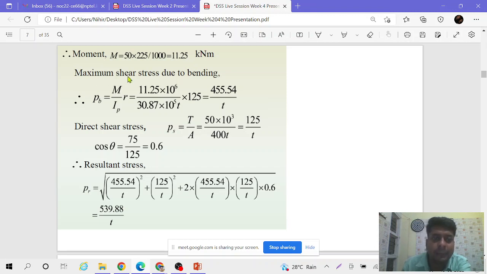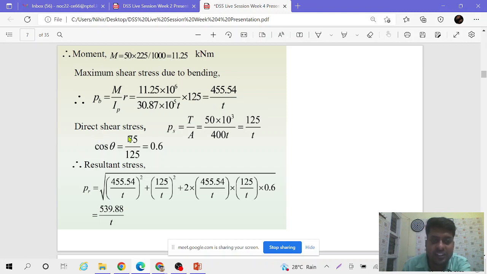After that, maximum shear stress due to bending, so here we are applying the torsion equation. Stress is M upon IP into R. The polar moment of inertia we have already calculated, R we have calculated, and M we have calculated. So we put all these values and we get this.